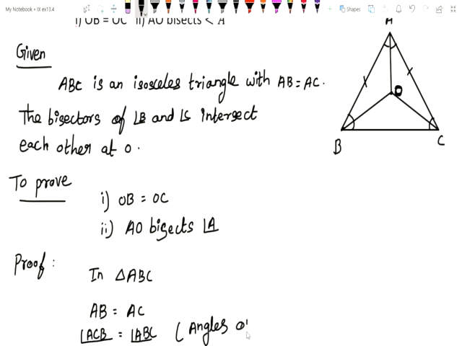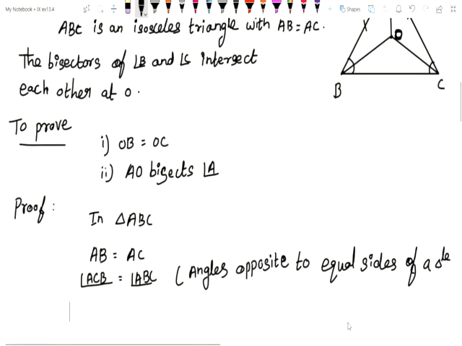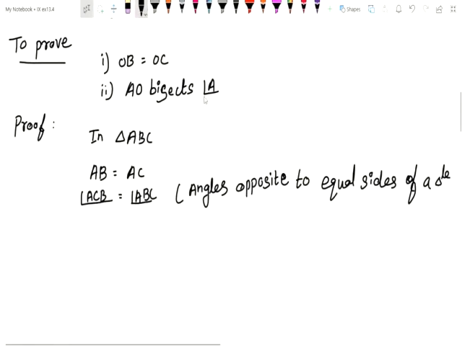Angles opposite to equal sides of a triangle are equal. Using this, we are saying angle ACB equal to angle ABC.